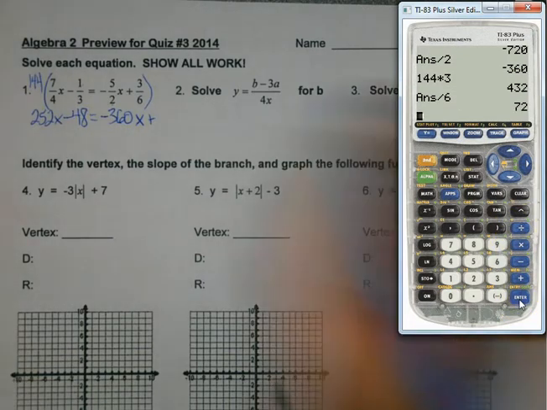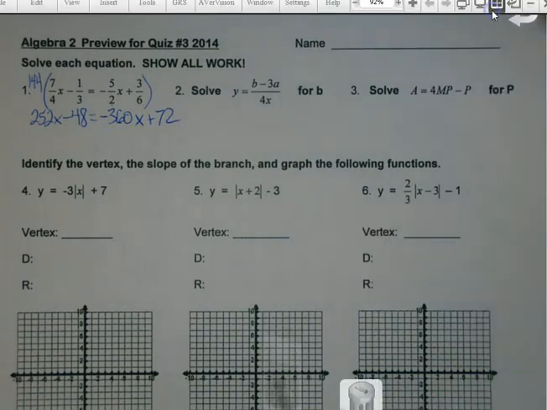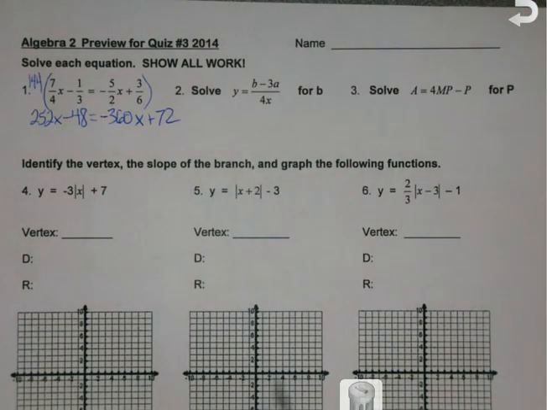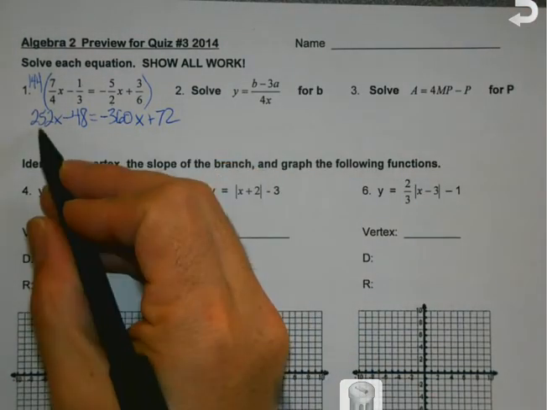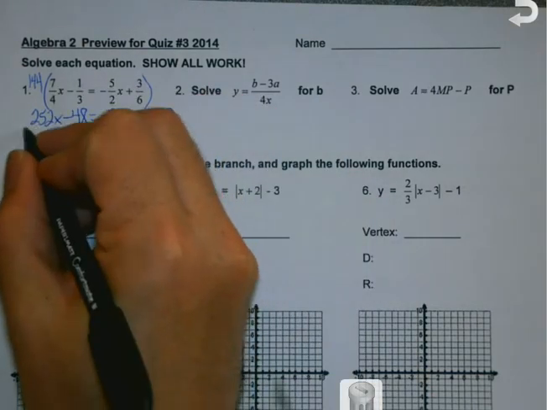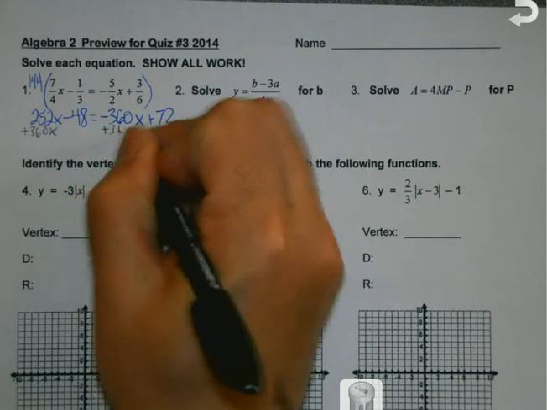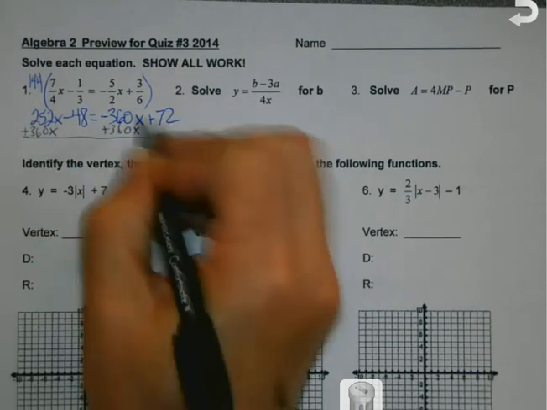And there go all of the fractions. Once that occurs, my job, of course, becomes to get all of my x's to one side. So I can add the 360 over to this other side. So if I add 360x, again, whatever I do to one side, I have to do to both.